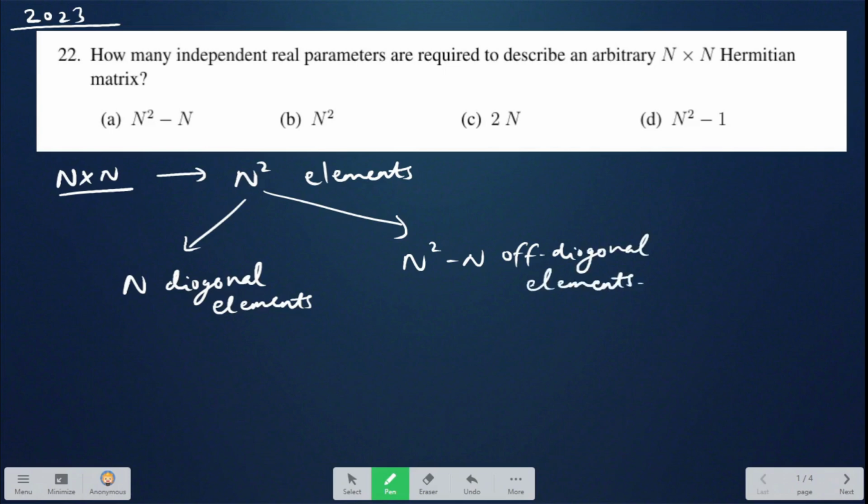So this is the first point. In an n cross n matrix, there are n square elements, out of which n are diagonal elements and n square minus n are off diagonal elements.